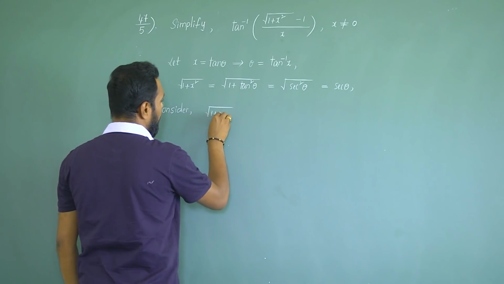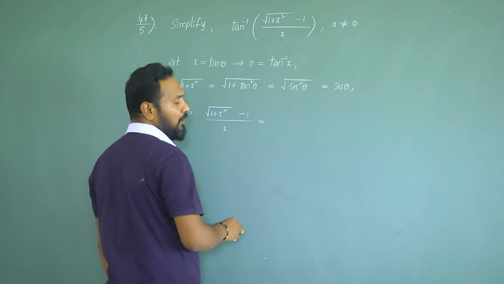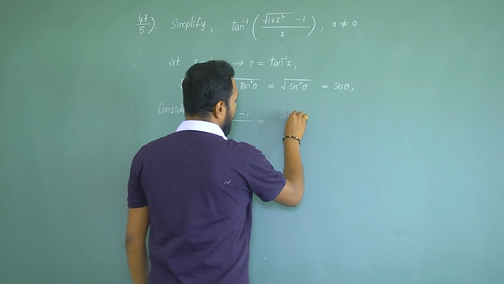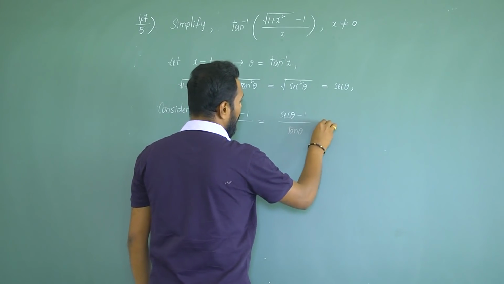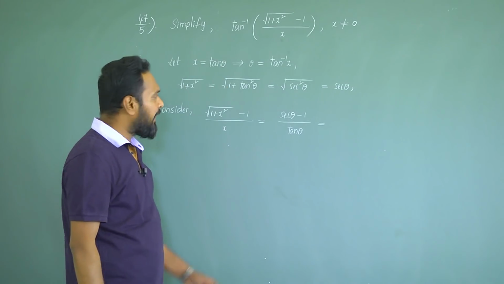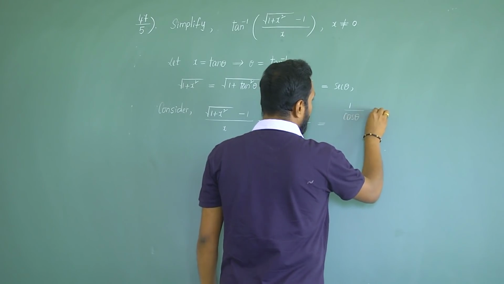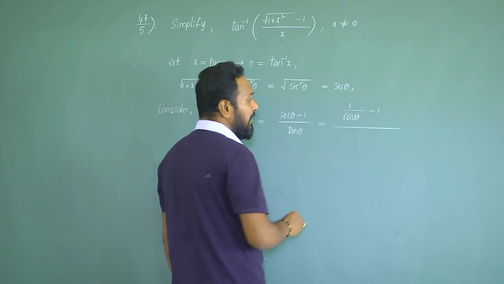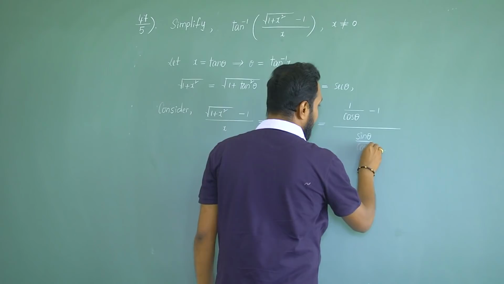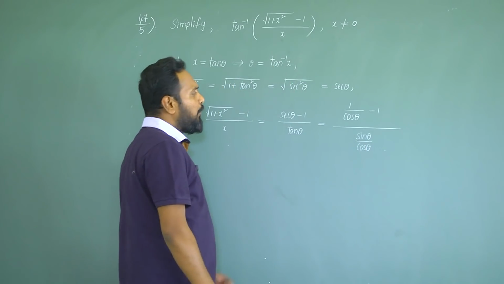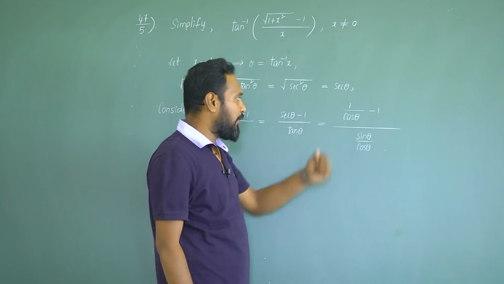now I am considering square root of 1 plus x square minus 1 divided by x, which equals secant theta minus 1 by tan theta. If I simplify, secant theta I can write as 1 by cos theta, minus 1 divided by tan theta, which I can write in terms of sin and cos as sin theta by cos theta. If I take the LCM cos theta, I can cancel it in both numerator and denominator.